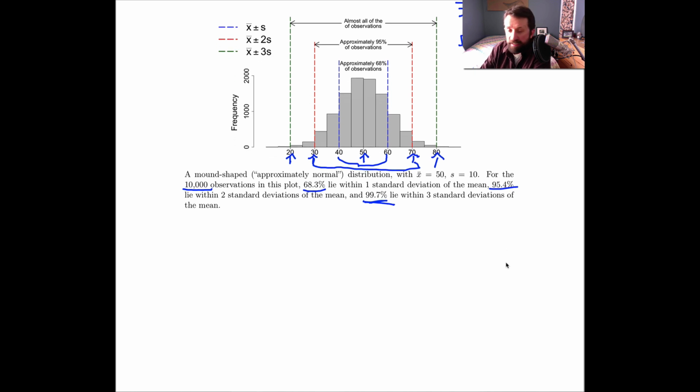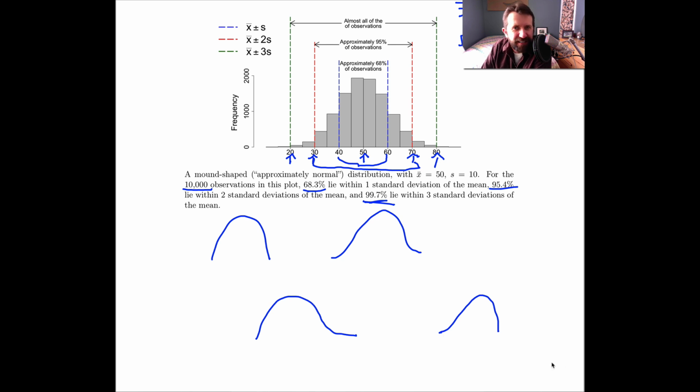Now, it specifically applies only to these mound-shaped distributions. That's what it's talking about. But it actually works reasonably well under a little bit of skewness, say. If you have a little bit of left skewness, or the other way, it's still not a terrible guideline. It still tells you something. It's still going to be roughly correct.